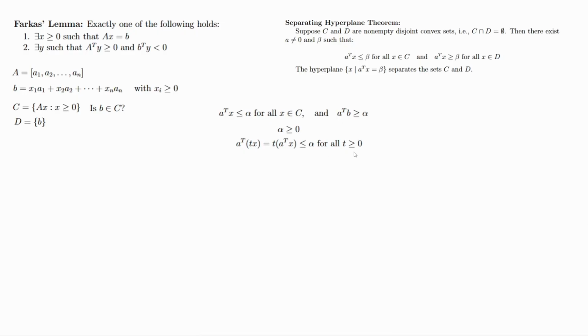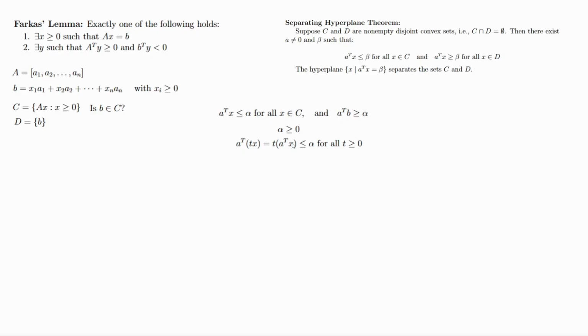So consider when a transpose x, the expression inside the parentheses, is greater than 0 for some x in C. Then as t approaches infinity, this expression approaches infinity as well, since t is positive. But we can choose t big enough such that this inequality is violated.